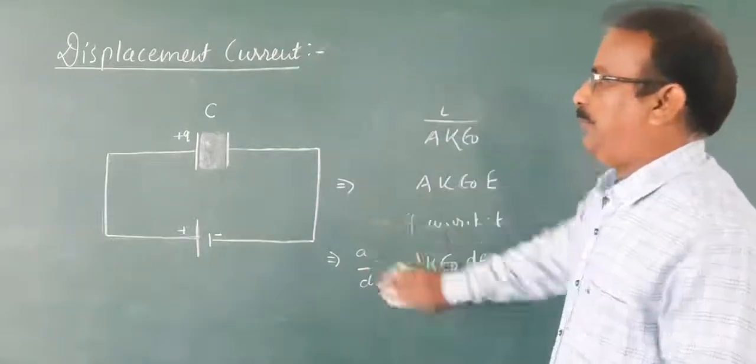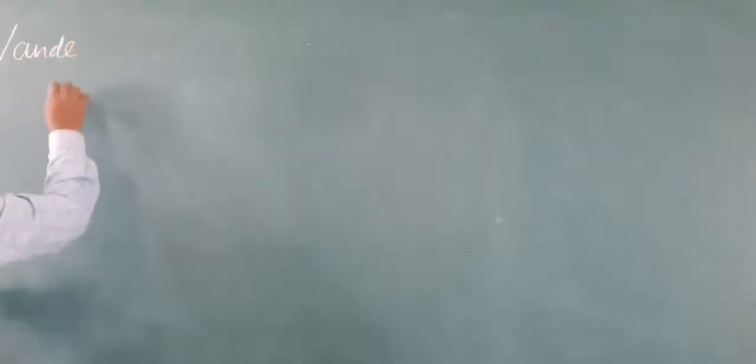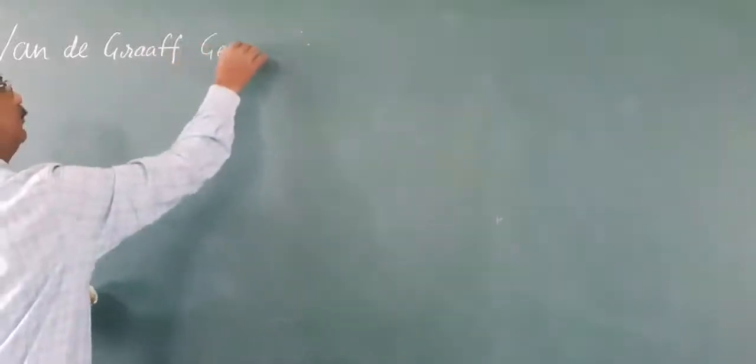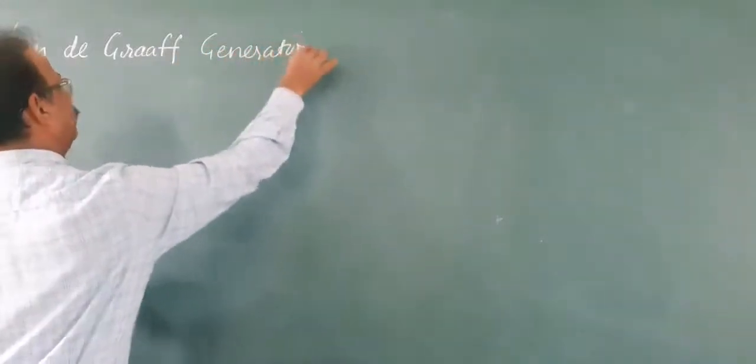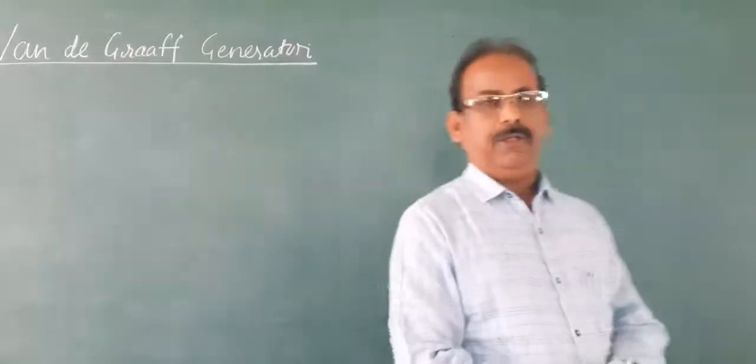Now the last point from this chapter is the Van de Graaff generator.